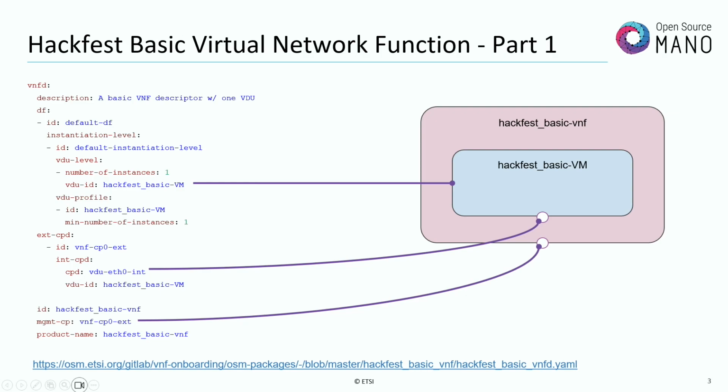Why are there two levels for network functions? The VDUs work together to form the end-to-end function. So say, for example, I have a firewall and a deep packet inspector.